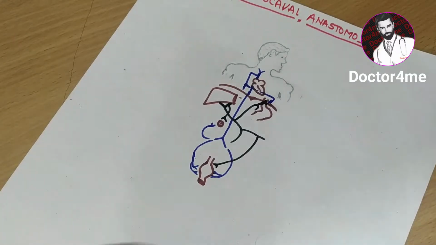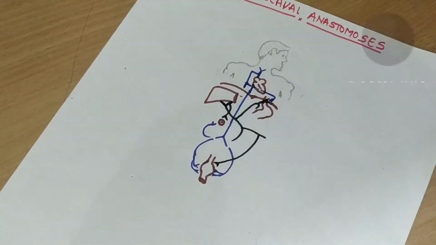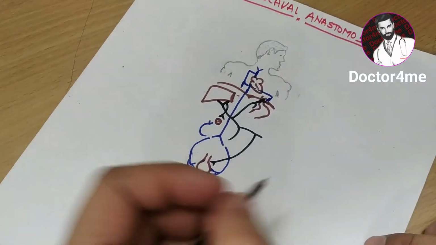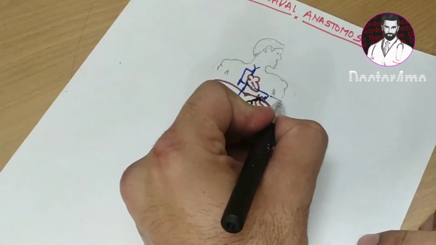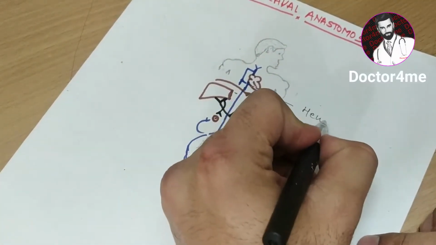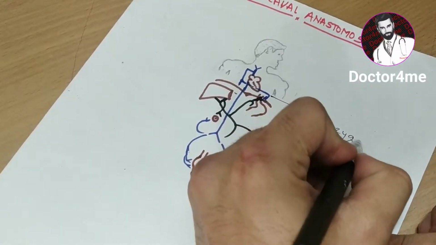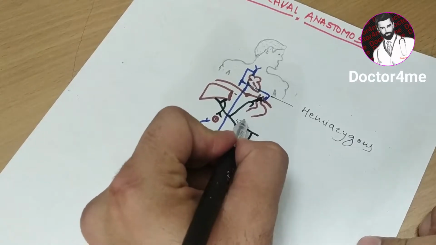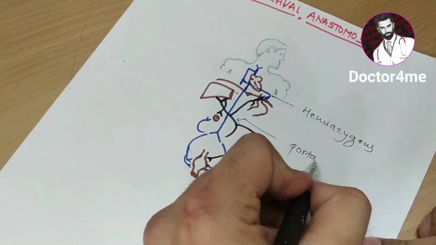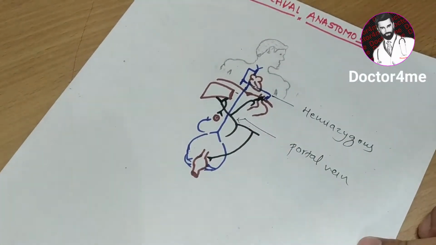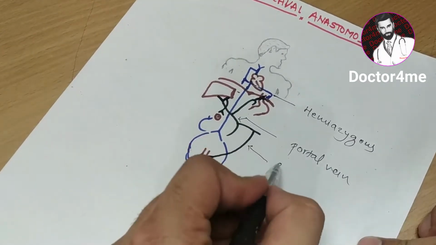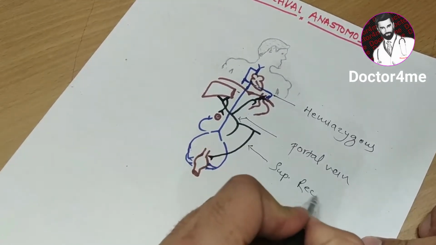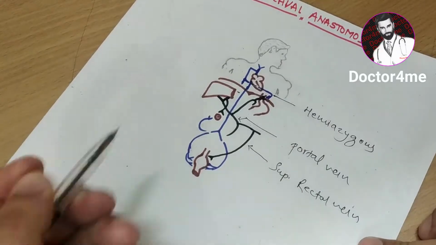Simply, this is the figure. This is the hemiazygous vein. This is the portal vein. This is the superior rectal vein.